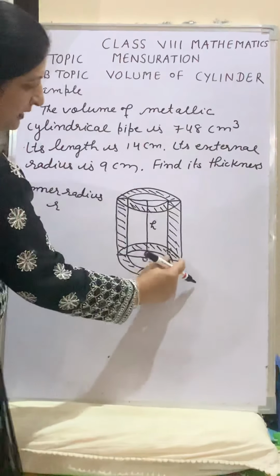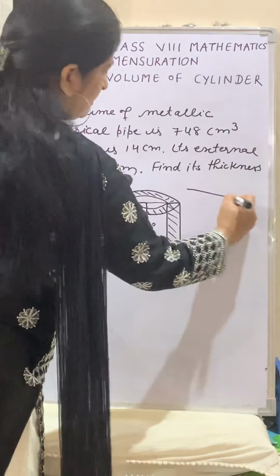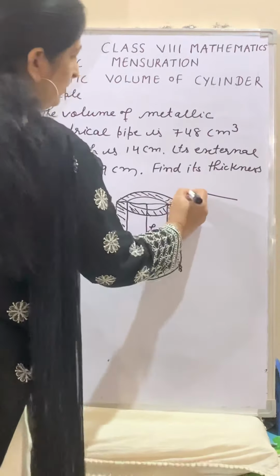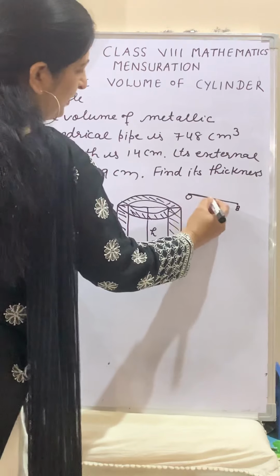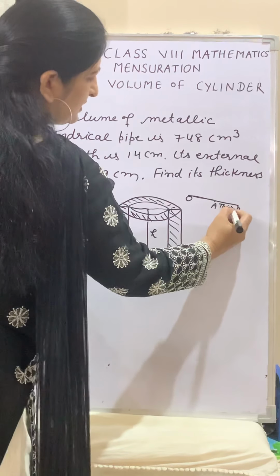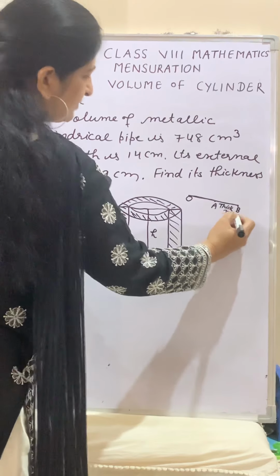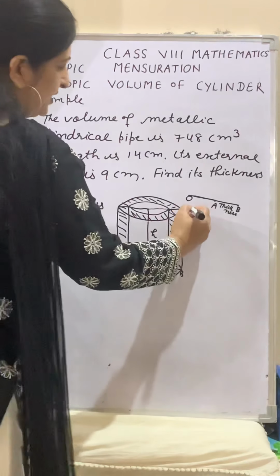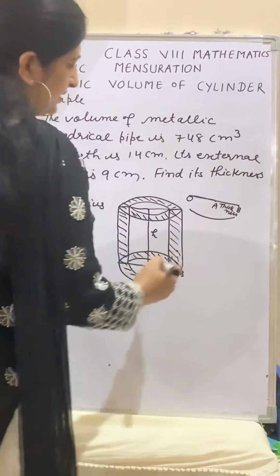It is O, it is A, it is B. It is inner radius OA, AB is the thickness. Now external radius OB. External radius is given. OB is given 9 centimeter.